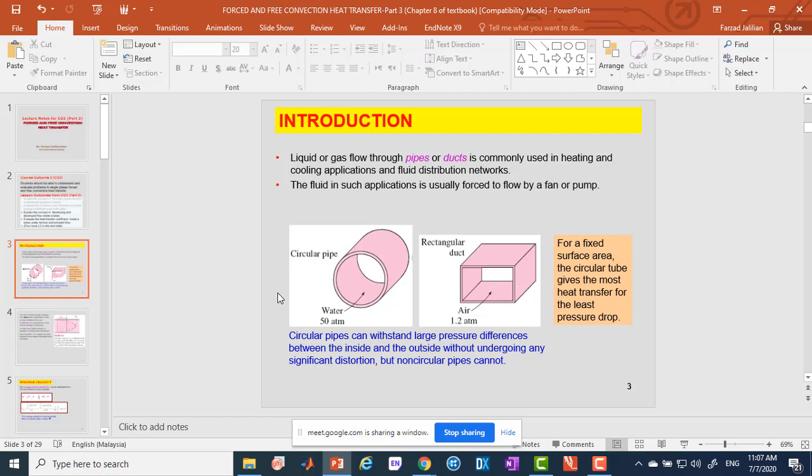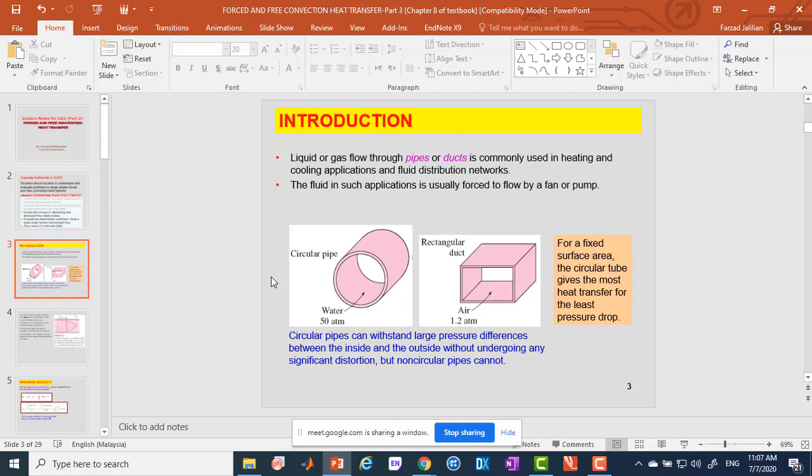Actually, there are two reasons to have this kind of pipe. First of all, this design, which is circular cross section, its strength against the pressure is the maximum. In other words, compared to this configuration, the circular pipe can stand the higher pressure.